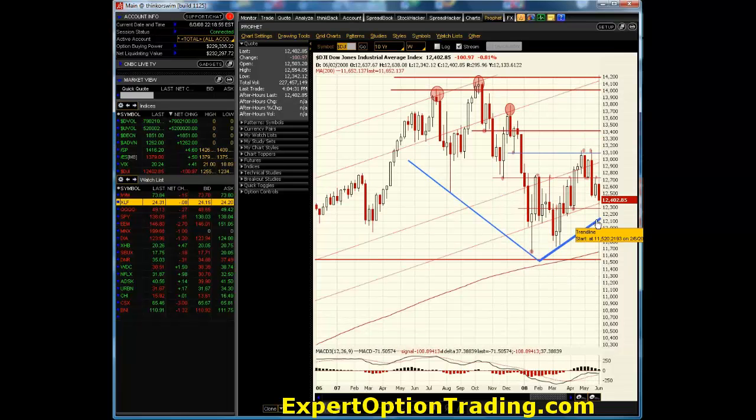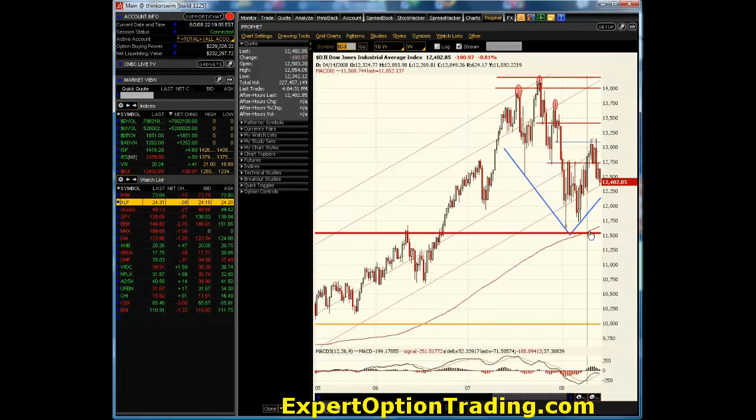Now, if prices were to drop below this V and below this lower trend channel line, then I would suggest that we're probably going to be in a very long bear market, or at least a trading market between this 11,500 and 12,750, or even a higher level, for a long time.